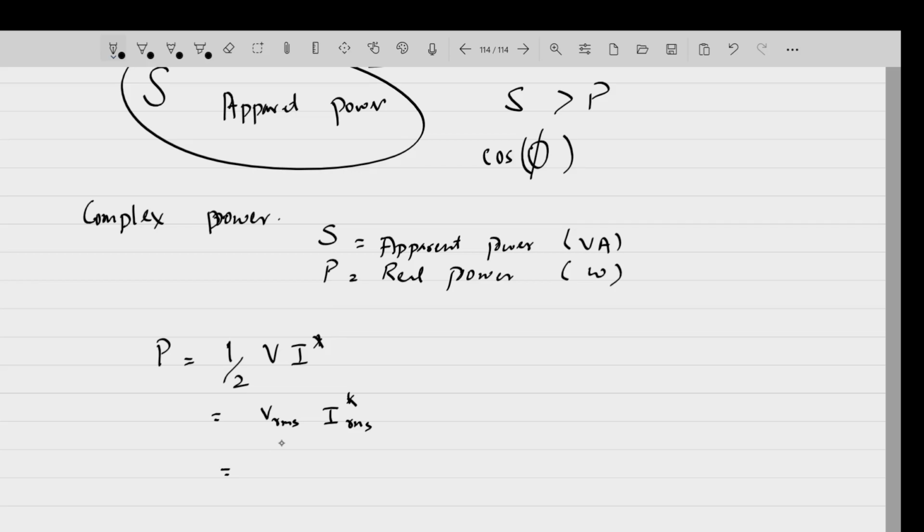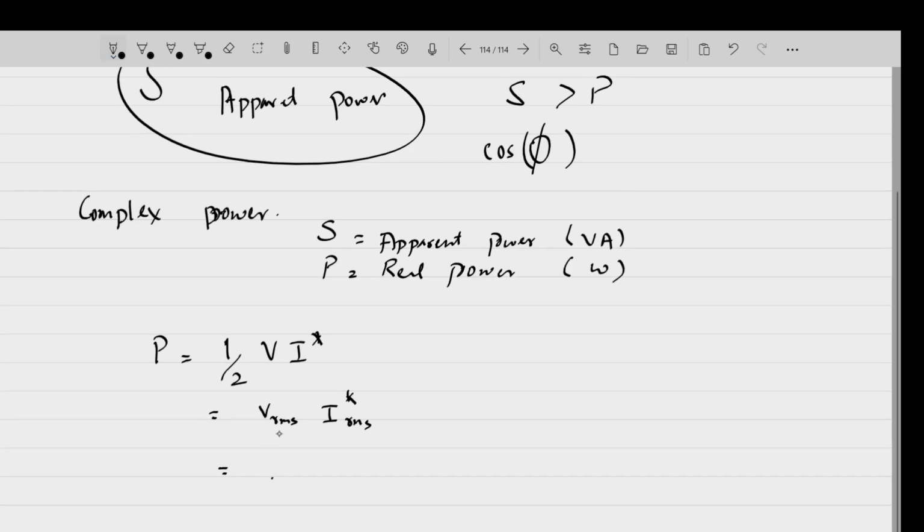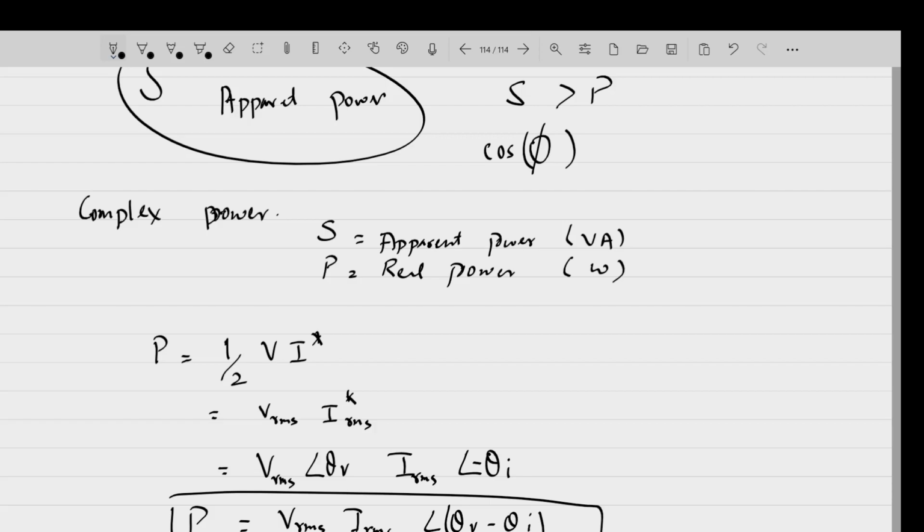That means V RMS has its own angle theta V, I RMS has its own angle theta I. I can drop this conjugate here, it becomes minus theta I. And you can say V RMS I RMS angle theta V minus theta I, which you already know.